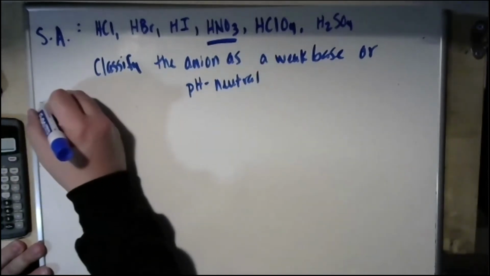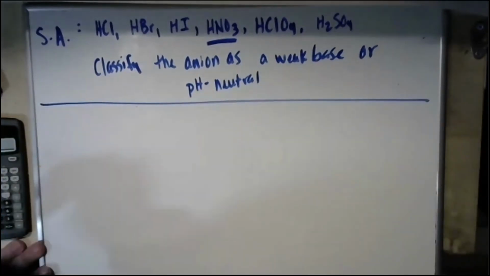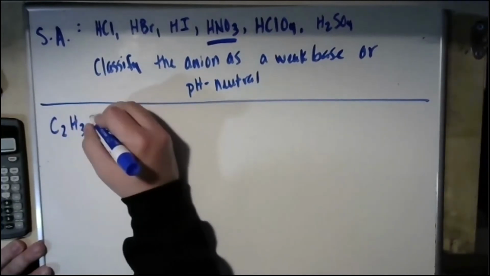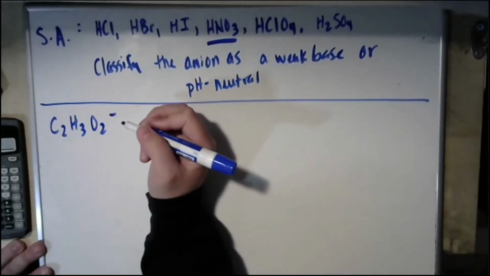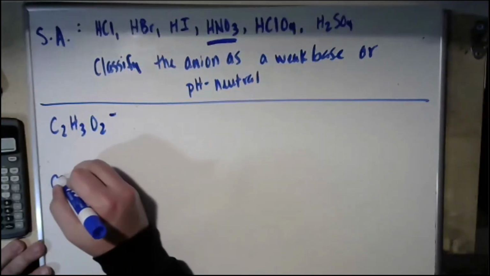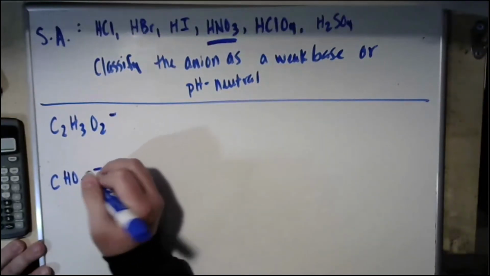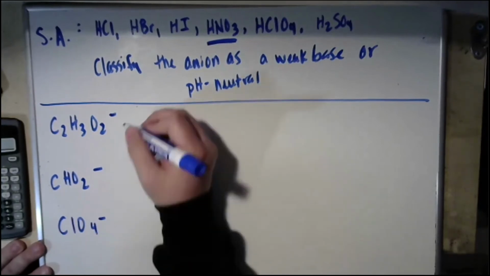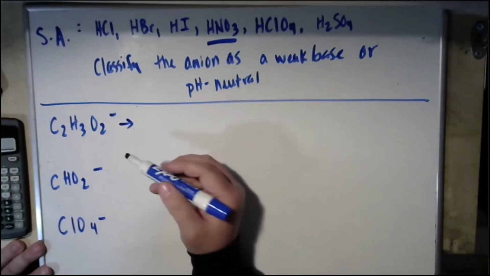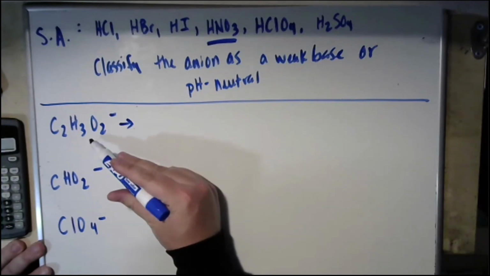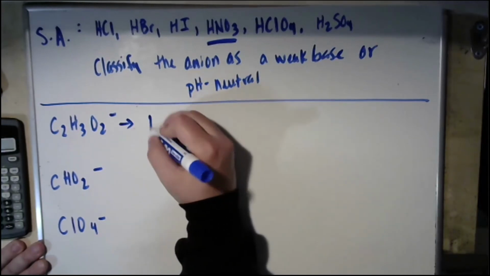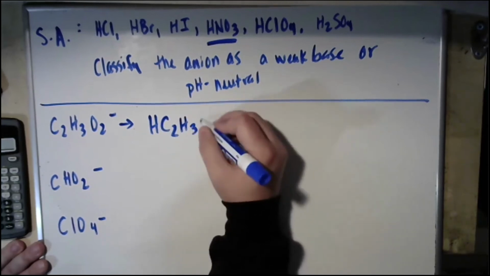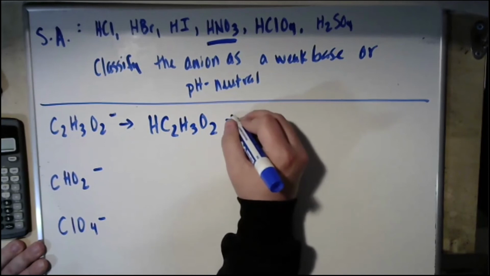Okay, so we have C2H3O2 minus, CHO2 minus, ClO4 minus. If I add a proton onto my acetate ion, I end up with HC2H3O2.